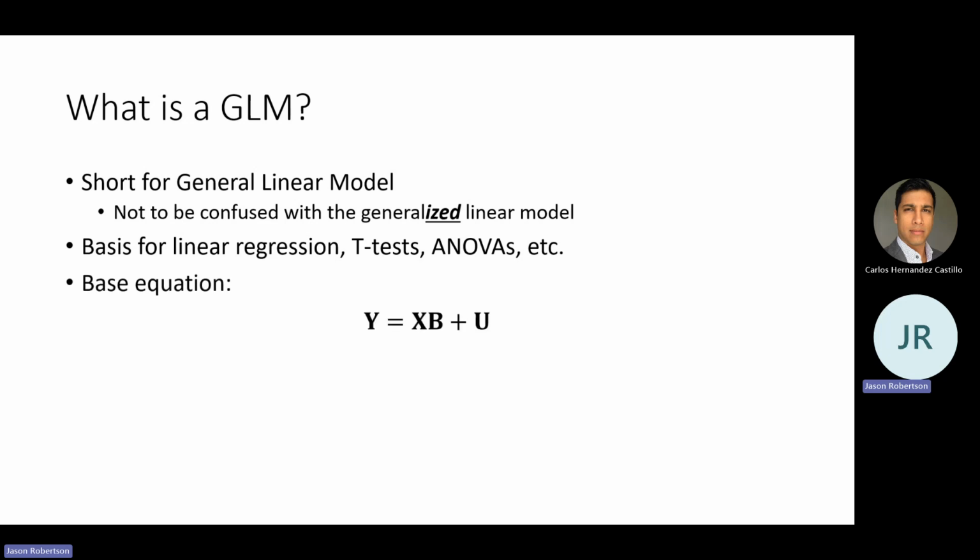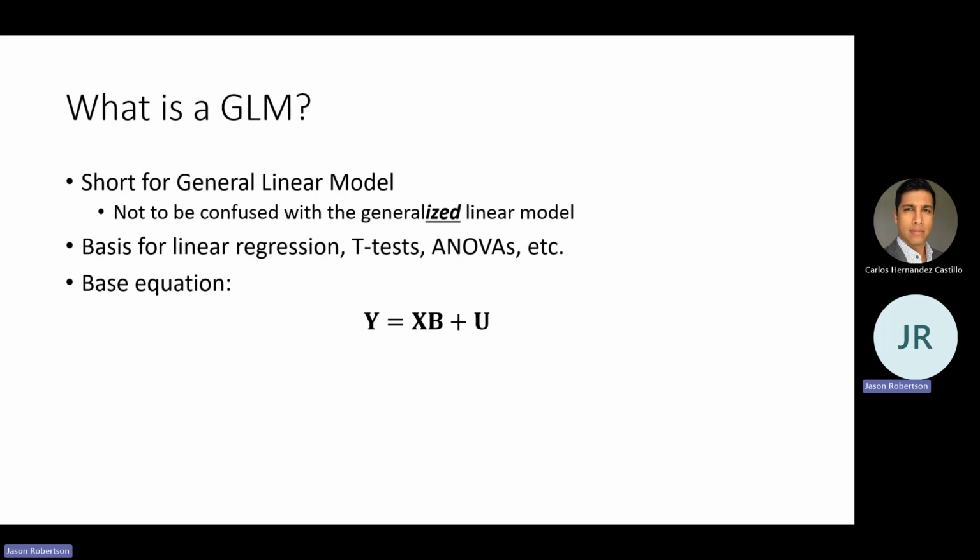The base equation here is very familiar, I think, to anyone who's done any linear equations. Y is our observations, in this case the MRI scans, an array of all the scans that we've taken.